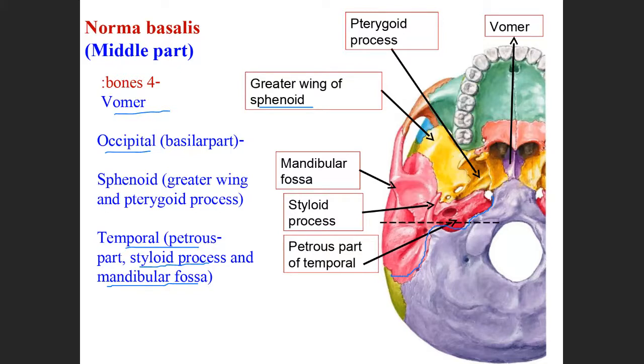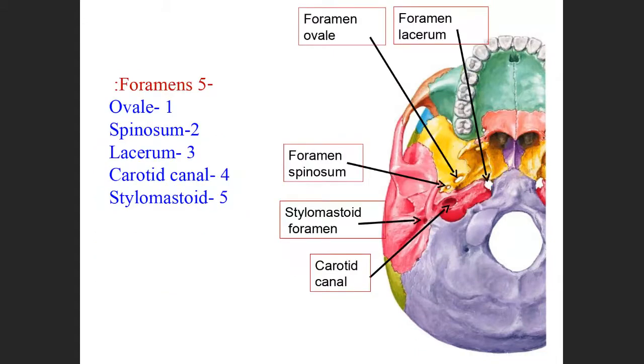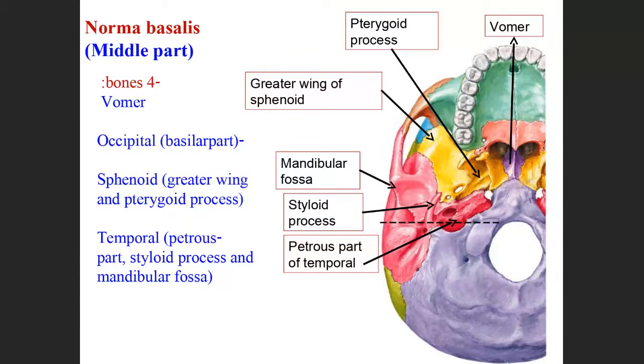You got my point? What didn't you understand? In simple terms, these are the bones forming the middle portion of the base of the skull.